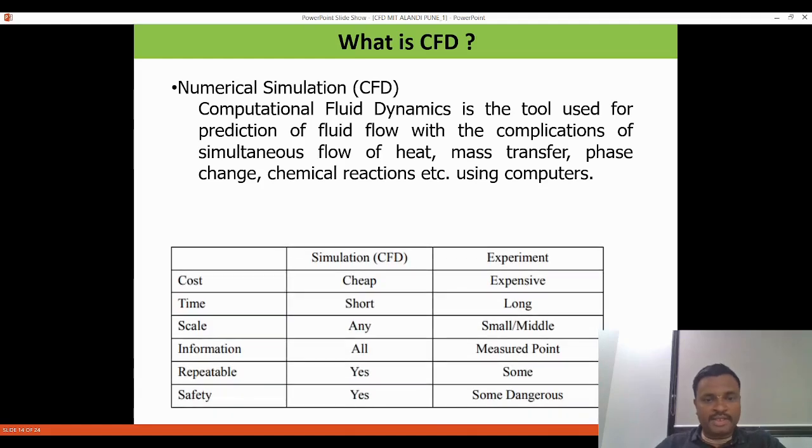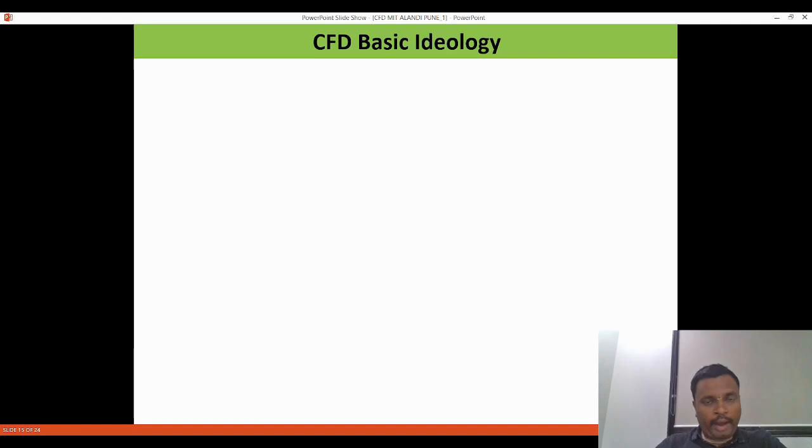So this is the comparison. I already explained why CFD is important as compared to experimentation. Experimentation will give you thorough results, which are most truthful, faithful, and actual. But CFD will save a lot of time, and within a smaller amount of money, you will get more reliable results. So this is the basic ideology.